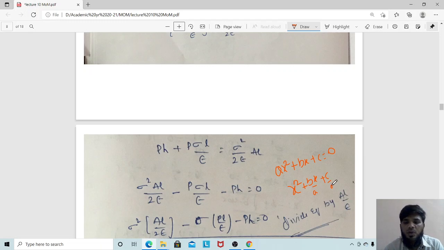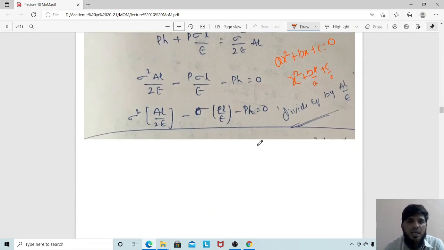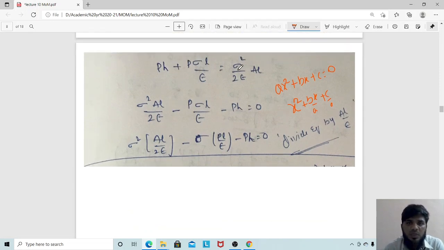So here I am getting this equation: sigma square L by 2E. This value goes to the other side, so it becomes minus, and this also goes to the other side and becomes minus, equal to 0. Now I divide the whole equation by AL by E. Why AL by E? Because L and E are present in every term, and A is only here.